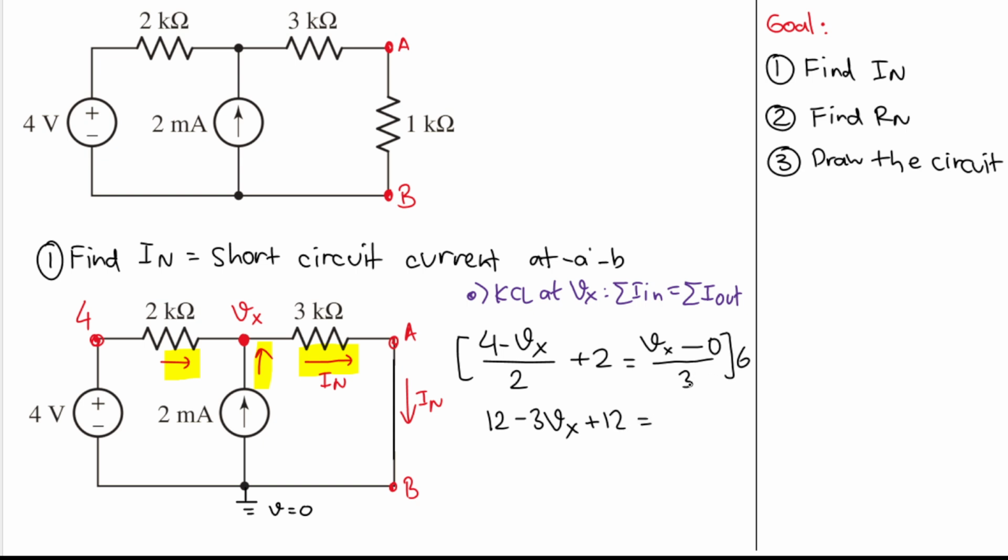And then 3 and 6 cancel into 2, and 2 multiplied by Vx is 2Vx.